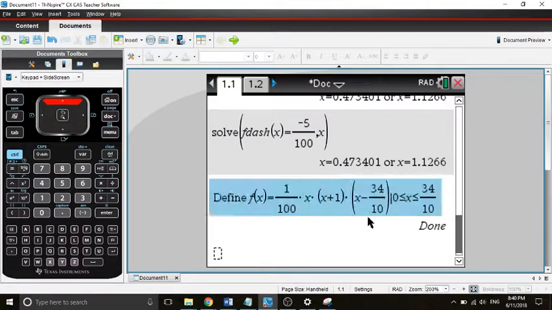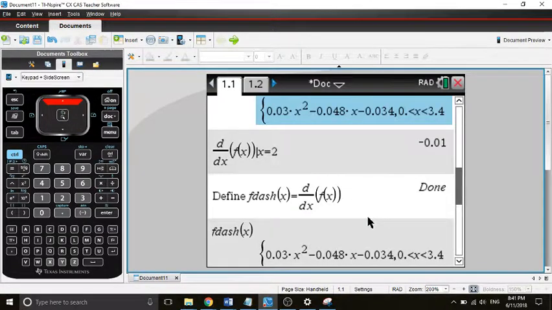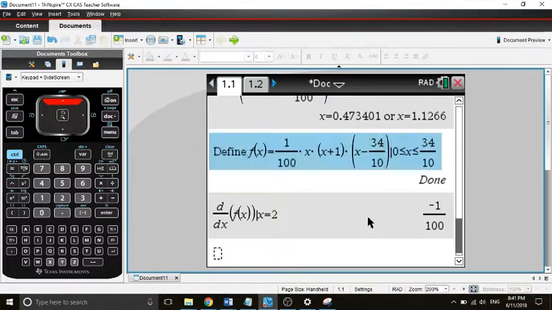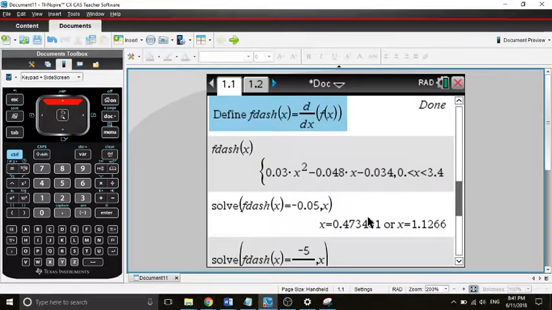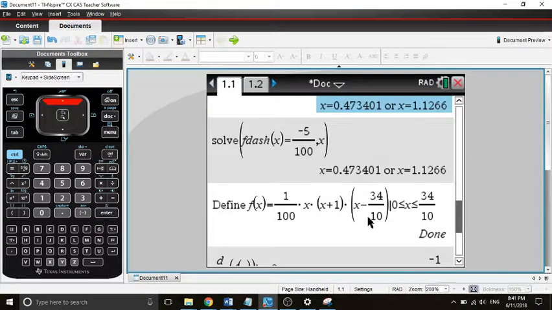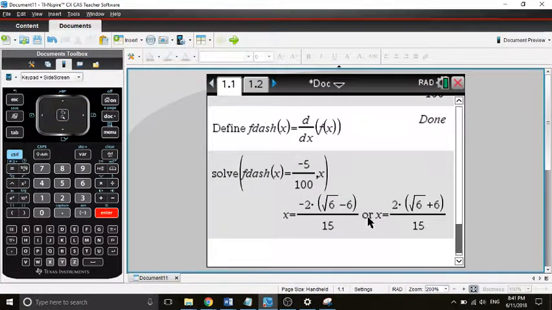Okay, let's try this again. Here we go. Another define of f dash. Okay, we've got that. Now we're going to say solve f dash, and there we have it. So here we have our exact answer.